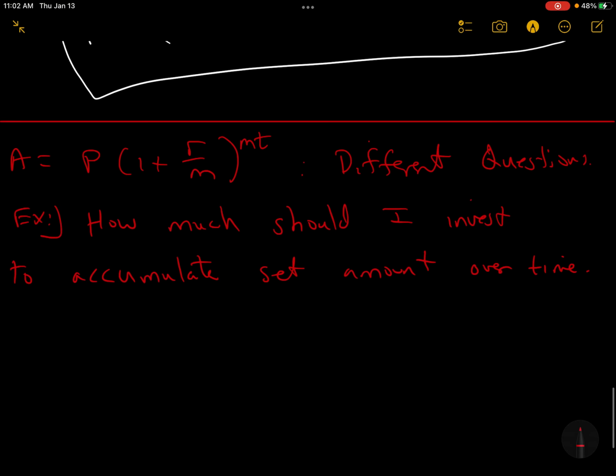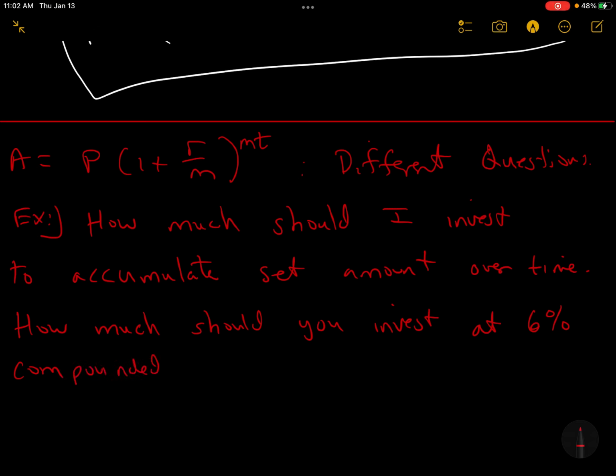Or how much should you invest at 6% interest? That's a really good interest rate. Compounded monthly, so that in 3 years you have $20,000.